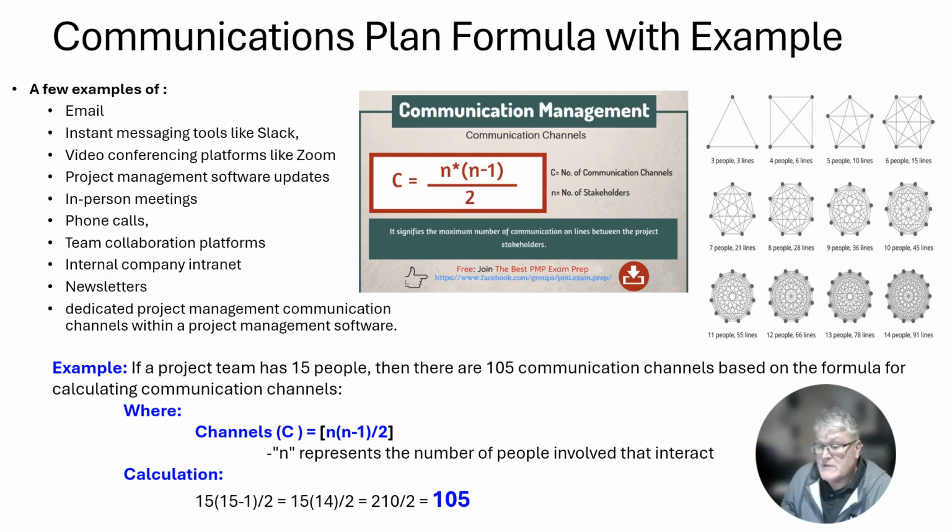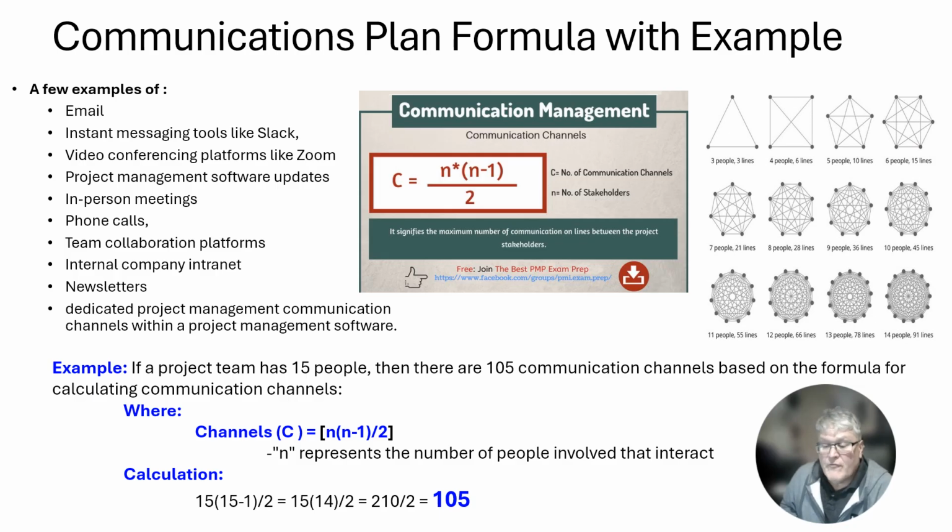You might have in-person meetings, phone calls, team collaboration platforms, an internal company intranet for dispensing information, newsletters, and a dedicated project management communication channel in whatever software you're using.